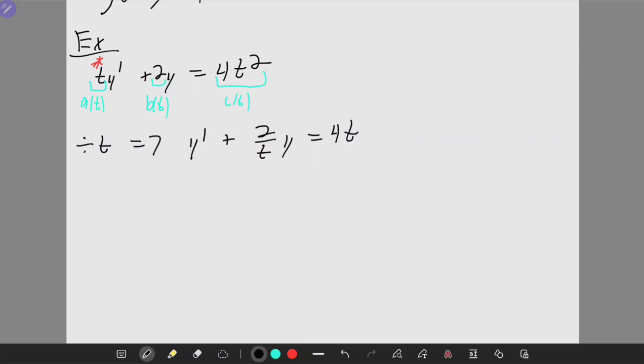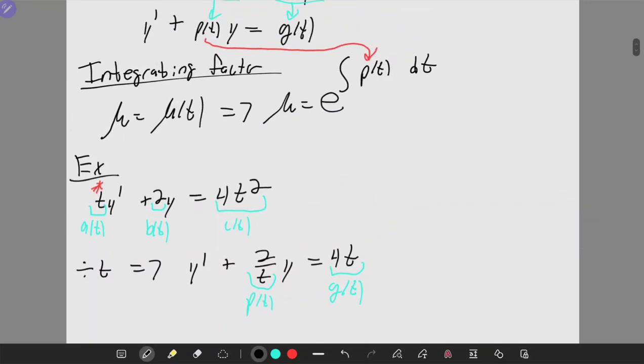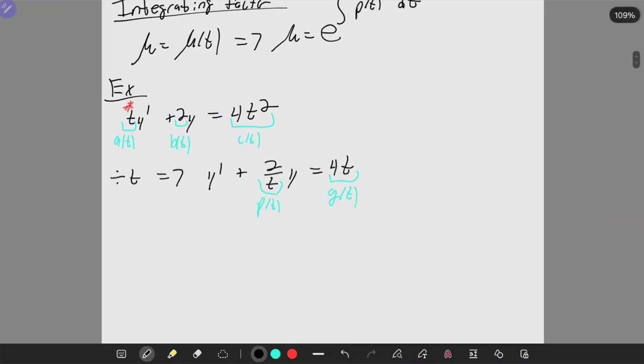Okay, now that we have this equation written in standard form, we know that this is p of t and this is g of t, right? So now, to solve this equation, we can use integrating factors. So we know that mu is equal to e to the integral p of t dt.